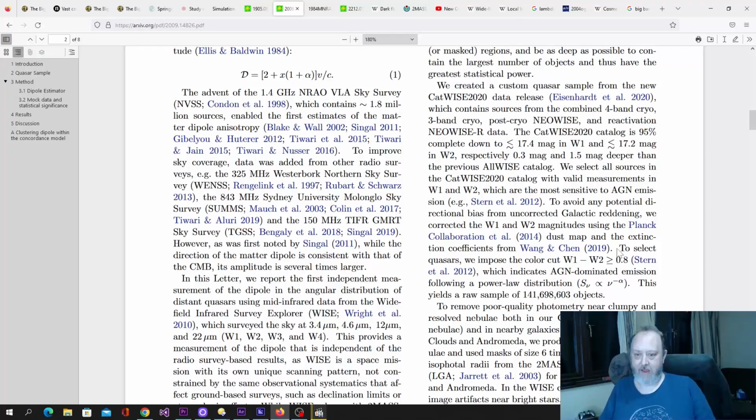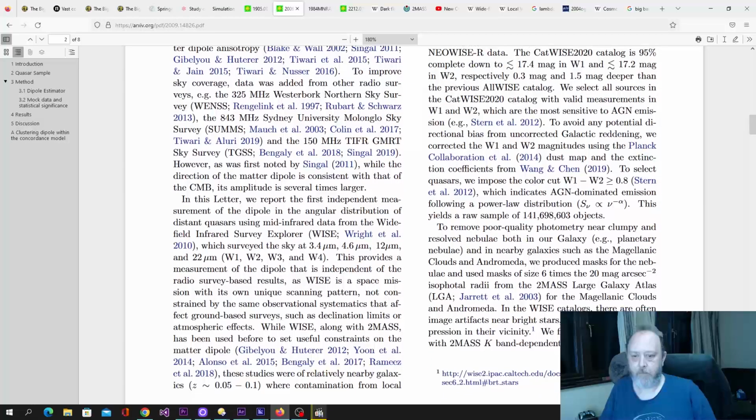They're correcting for dust maps and for interstellar gas that the light passes through when traveling through the Milky Way galaxy towards us, and other such factors, to essentially get the right color of the quasar itself. So essentially, the Planck collaboration, that's the Planck mission.